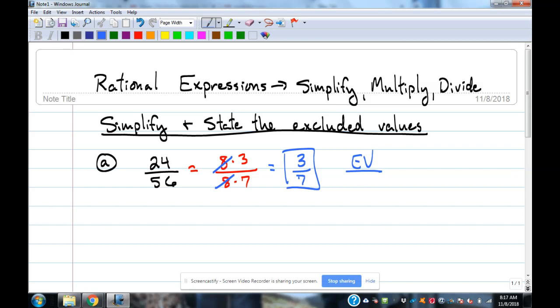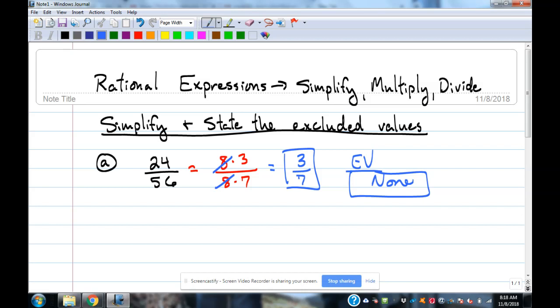So this one has no excluded values. And that happens sometimes. I just put none for excluded values. Here's the simplified fraction or rational expression, same thing. Excluded values, what number could you put in the place of X in the bottom that would cause it to turn to a 0? This one doesn't even have an X in it, so it can't have any excluded values.